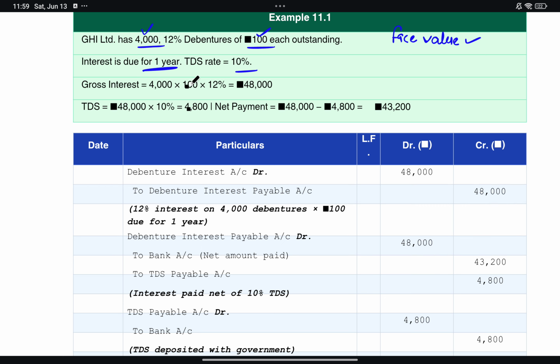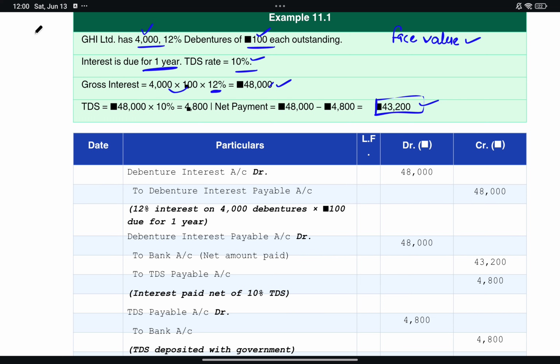So 4,000 multiplied by 100 is equal to 4 lakh, and we have to calculate 12% on 4 lakh, that will be 48,000. Got it? Interest payable is 48,000, but we also have to deduct TDS, and TDS rate is 10%. 10% of it is 4,800. So the net amount which will be given to debenture holders is 48,000 minus 4,800, that is 43,200.